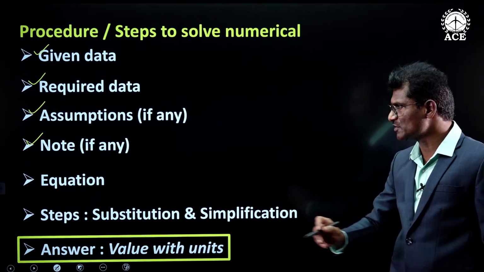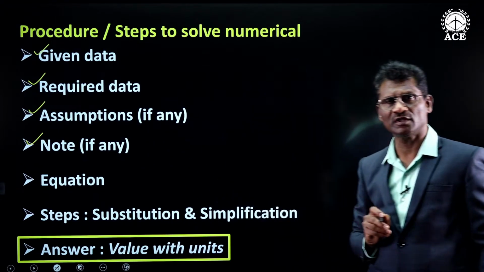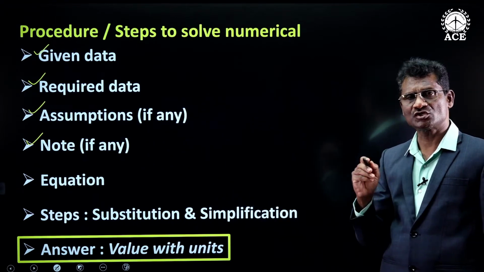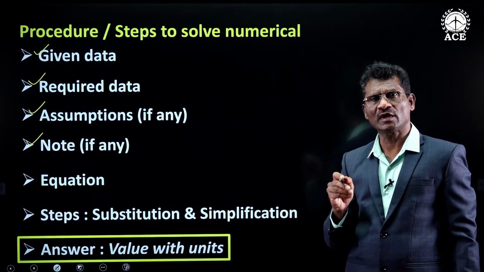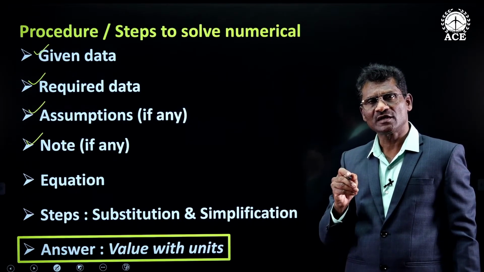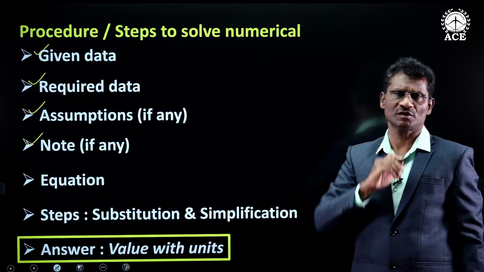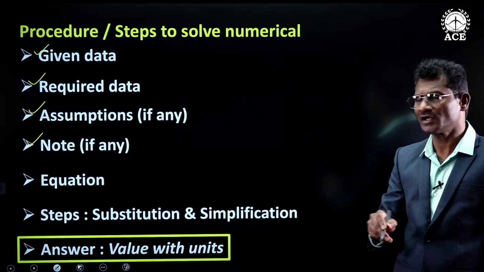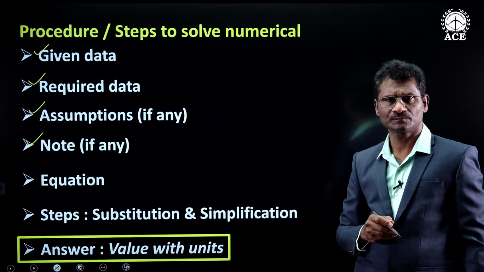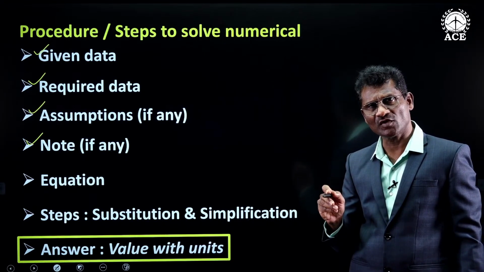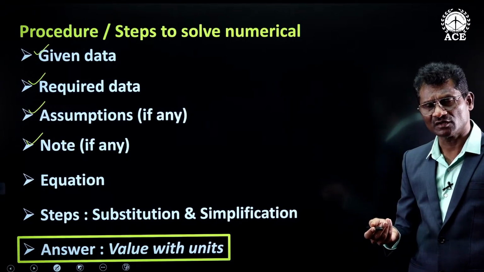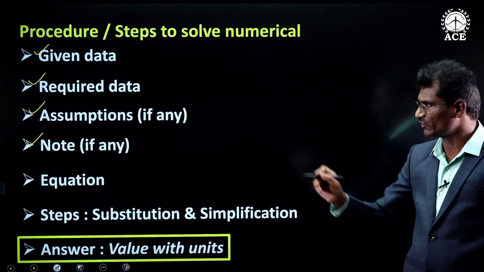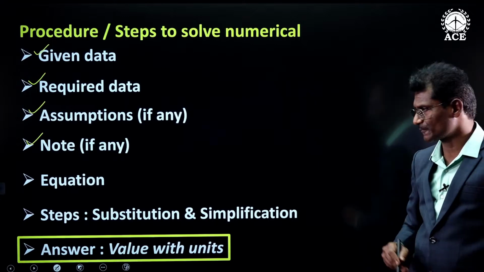Then in the note you can put it this way: it is assumed that I naught reverse saturation current will get doubled for every 10 degrees centigrade rise in temperature, and based on that you can solve the numerical, because that is the default rise in I naught. If a value is given, use the value. If nothing is given, write a note and use it.